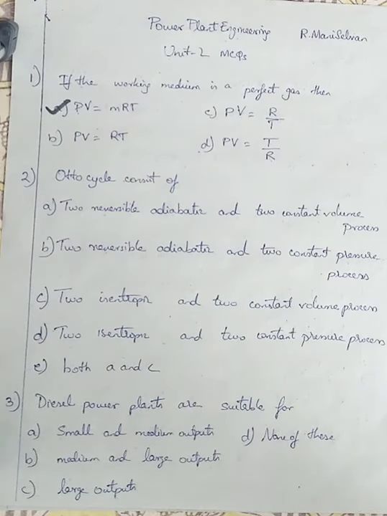Question number 2. The Otto cycle consists of. Option A is 2 reversible adiabatic and 2 constant volume process. Option B is 2 reversible adiabatic and 2 constant pressure process. Option C is 2 isentropic and 2 constant volume process. Option D is 2 isentropic and 2 constant pressure process. Option E is both A and C. The Otto cycle has 2 adiabatic processes and 2 constant volume processes.